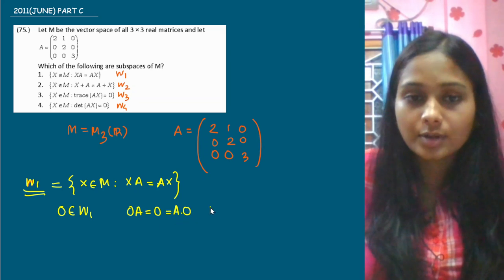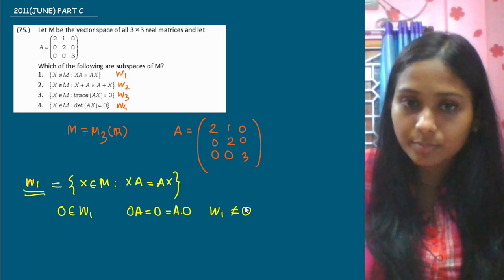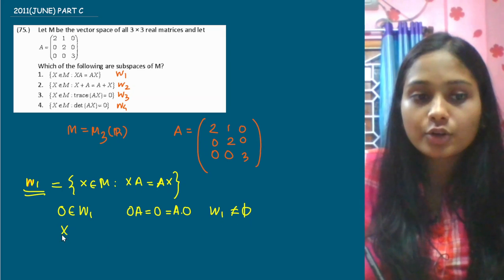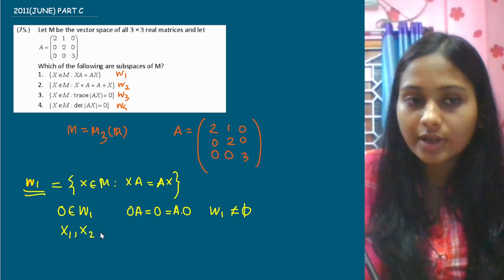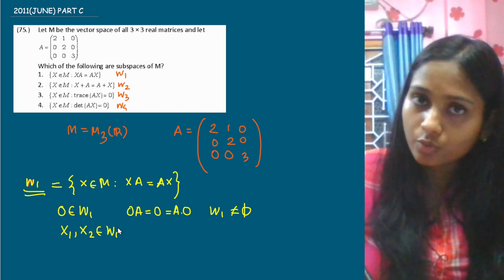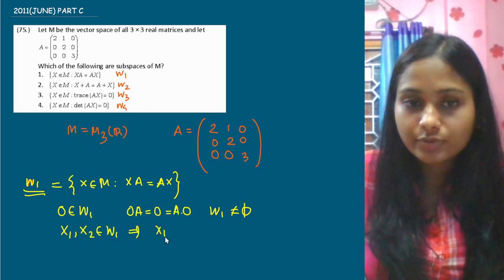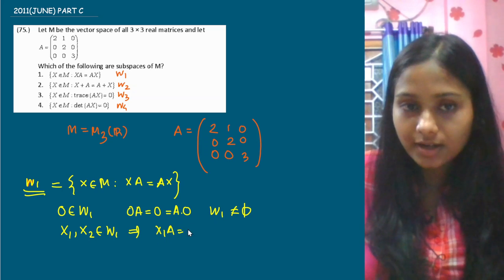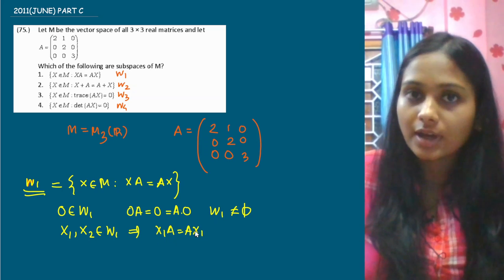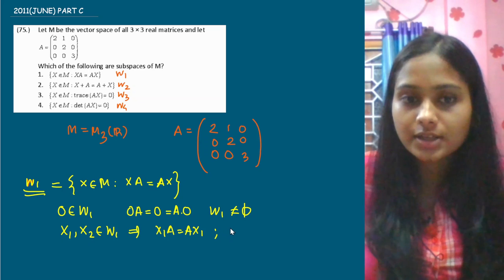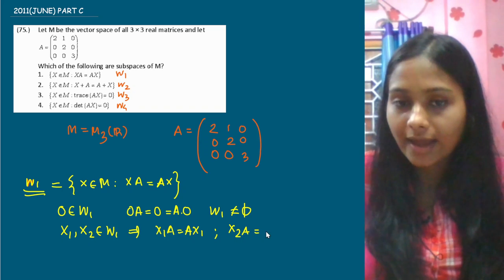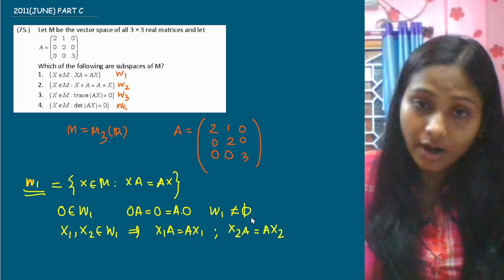So W1 is non-empty. Let us now take 2 matrices X1, X2 belonging to W1. This implies X1A and AX1 are equal, and X2A and AX2 are equal.